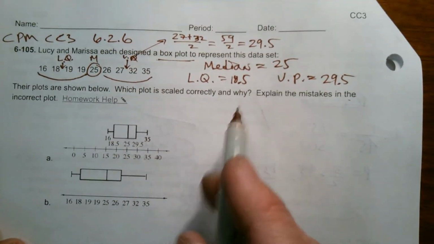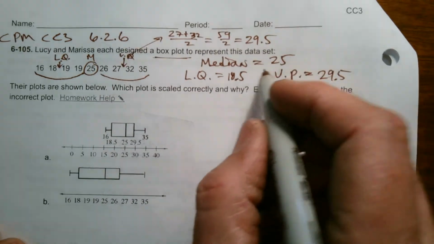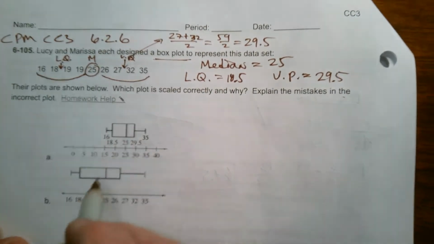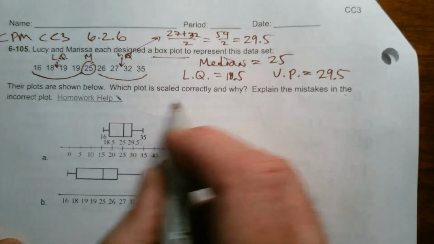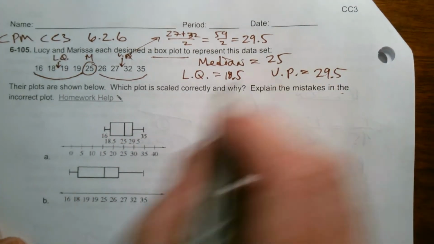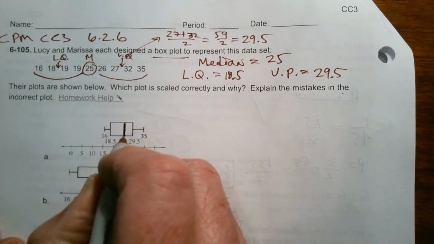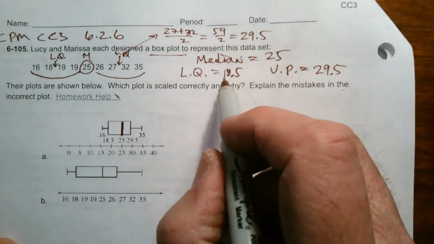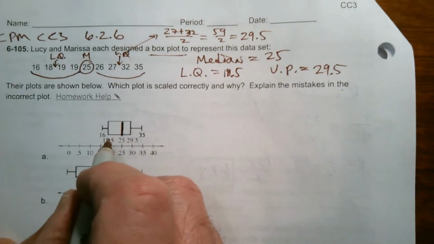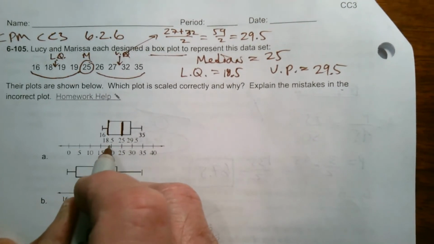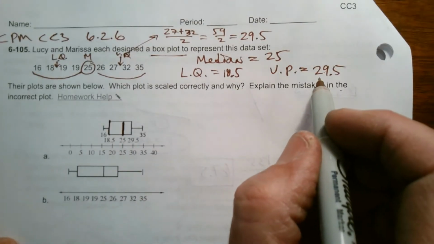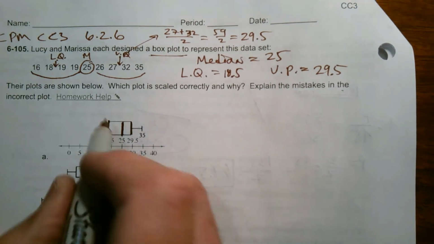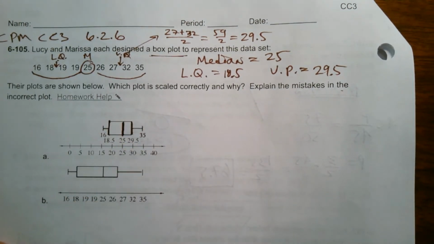So why is that important? Because on a box plot you have this main box, and there are two box plots here. Your middle is your median. So the median for A needs to be 25, and it is. The lower quartile is at 18.5, and it looks like that's correct. The upper quartile would be at 29.5, and that's where it is. So far, the markings are correct.